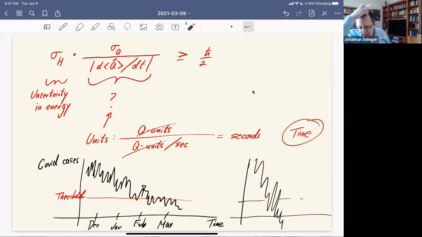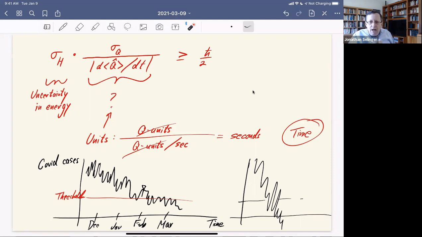Okay? And a lot of physical processes are like that too. A lot of physical processes have a certain amount of randomness in them. They have a certain amount of scatter. And maybe the baseline rate is also changing. Something about the process is changing, but there's also scatter on top of the systematic change.